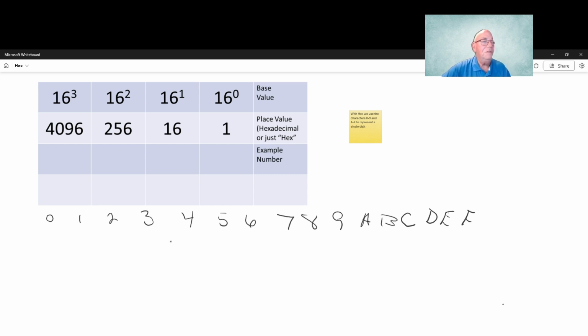Now remember, this is a digit that represents 15. Now, let's look at each of those numbers in binary, and you'll see the pattern.